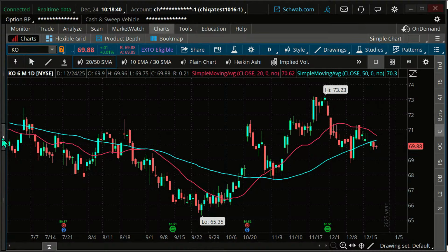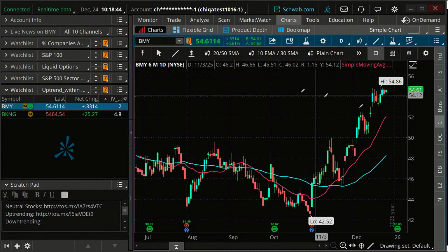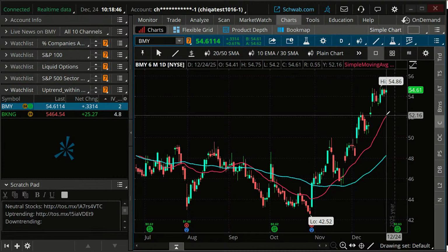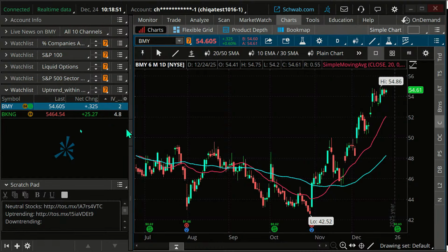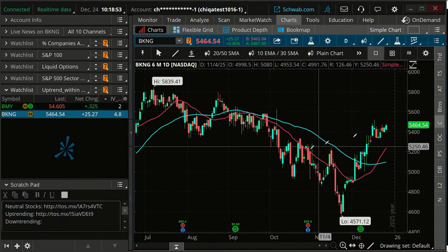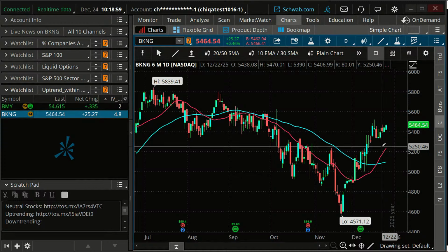That's actually not one of those stocks on here. Let me go BMY. Because here's my 20-day. If it goes too far extended, then sometimes you worry it's a little bit overbought. Here's Booking.com. Nice little uptrend. There we go. So that is uptrending within 5% of the moving average.